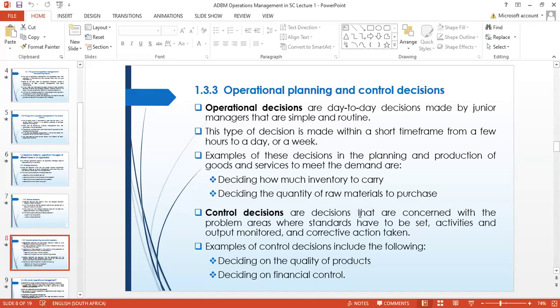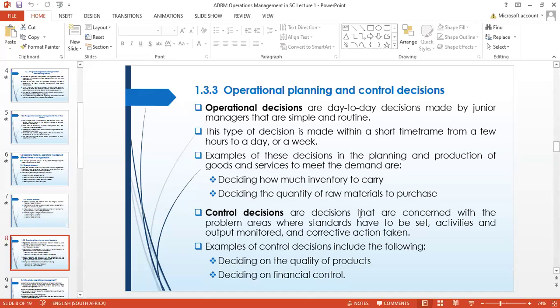For example, deciding on the quality of the products. They are going to set standards on the quality of raw materials to be purchased, on the quality of the final product that is going to be produced, and also the control of the finances.